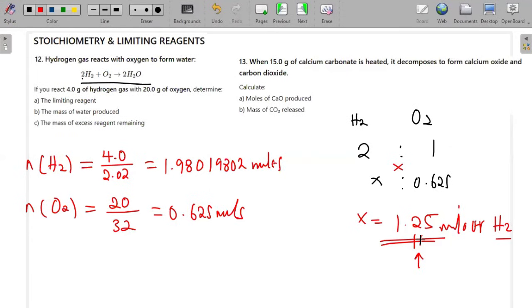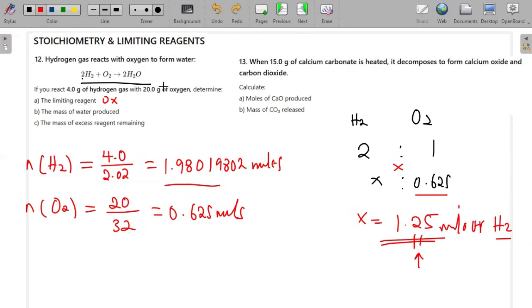So it means that the hydrogen is in excess, and oxygen is the limiting reactant, because the moles of oxygen that I have here only require 1.25. But in my equation, I have these moles of hydrogen, so these guys are in excess. So the limiting reactant will just be what? The oxygen. Oxygen is the limiting reactant.